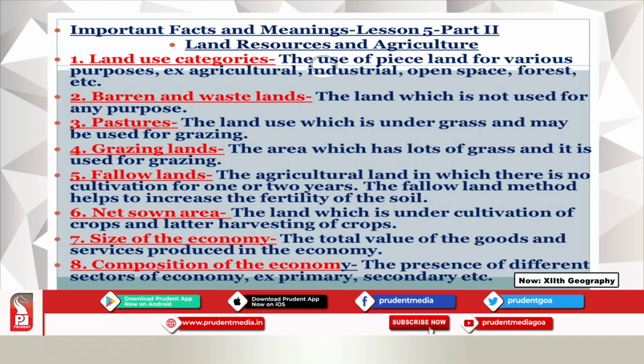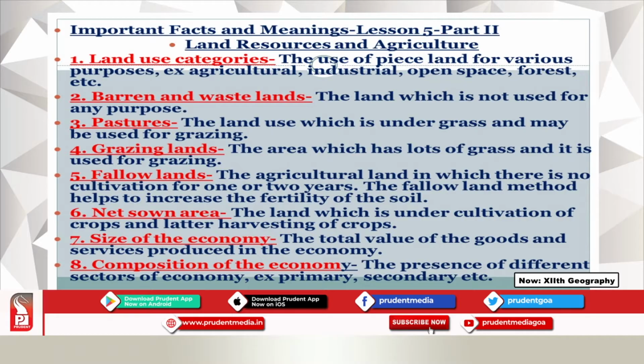Pastures: the land under grass which may be used for grazing. Grazing lands: the area which has lots of grass and is used for grazing. Fallow land: the agricultural land in which there is no cultivation for 1 or 2 years.